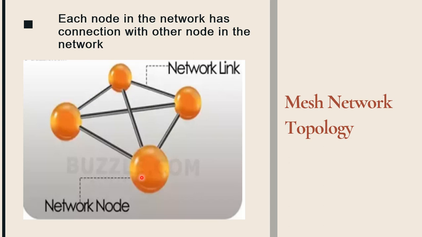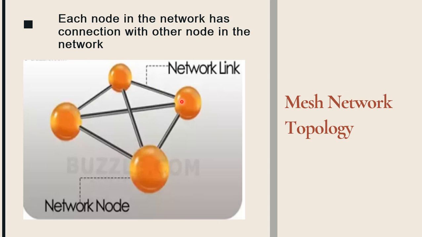The failure of a single node does not cause the entire network to fail, as there are alternative paths of data transfer. If one of the nodes fails, it will not affect the other nodes, because these other nodes are mutually connected with each other.